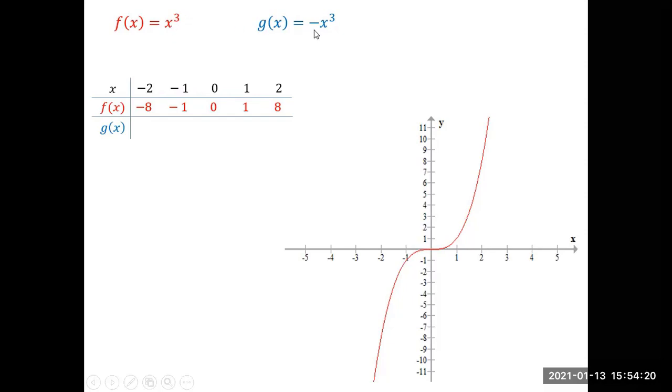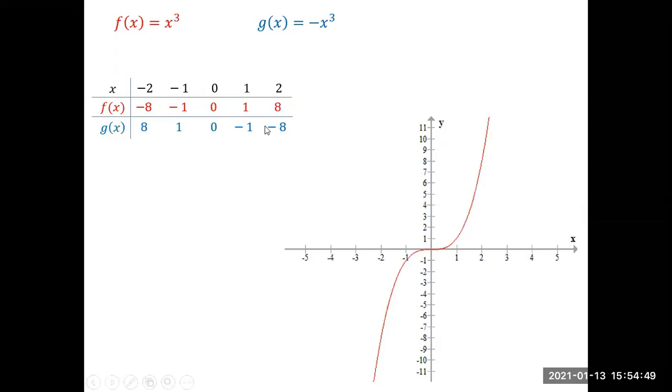The only difference between these is that x cubed is going to give us a certain output, the negative of x cubed should give me the exact opposite outputs. So when I plug in -2, I get -8 for x cubed, but I'm going to get +8 for negative x cubed. In other words, all of the outputs for the red x cubed function are going to become the opposites.